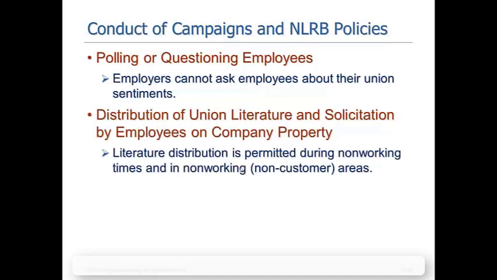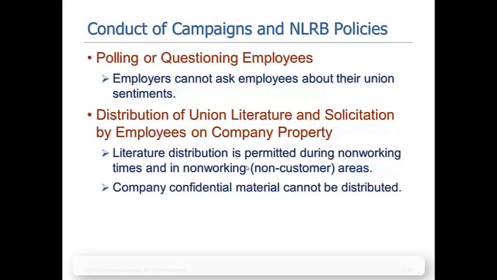Now, the union can distribute literature during non-working times and in non-working areas. Confidential material from the company cannot be distributed as a way of making persuasive cases. And so the union has to respect the confidentiality of the material within the company.